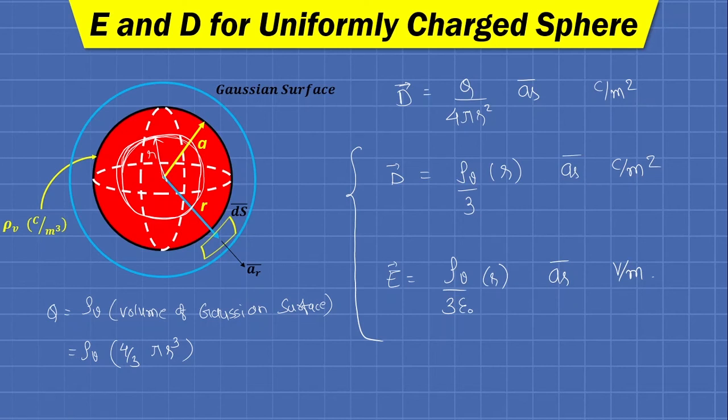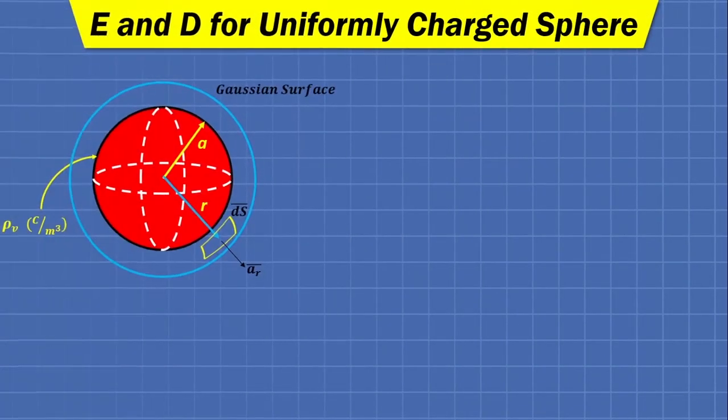Now to summarize this topic, we are having three regions. r is less than a, that is inside the sphere, r is equal to a, that is on the surface of the sphere, and r is greater than a, that is the outside space of the sphere.